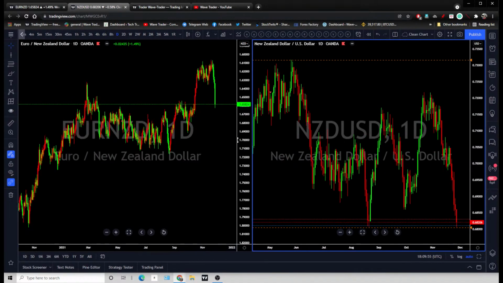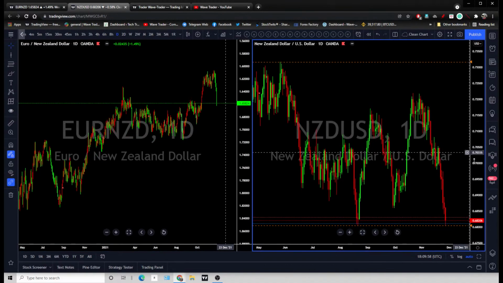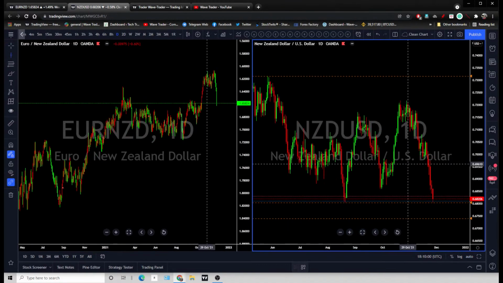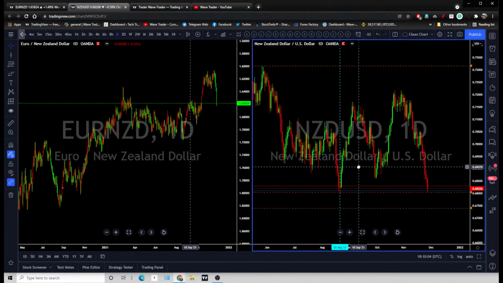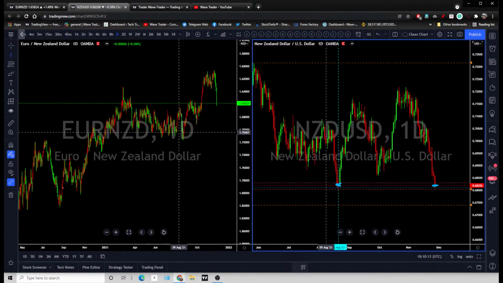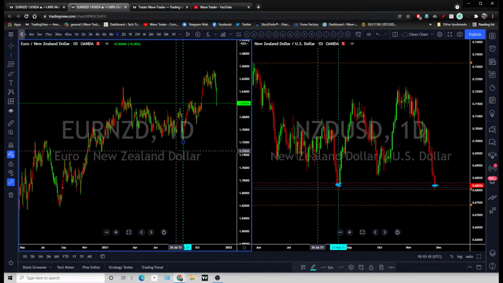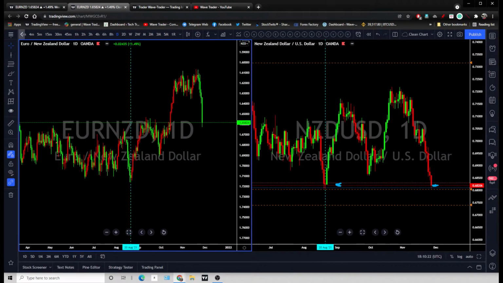New Zealand dollar again, same, guys, like I have shown you the other one. New Zealand dollar is sitting over there at that price, on this day. That's your target on the Euro New Zealand dollar.